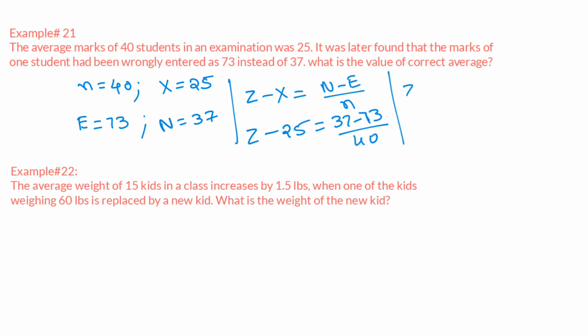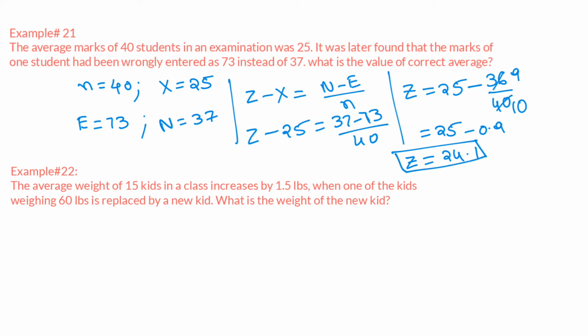So the correct average z is equal to 25 minus 37 minus 73 value is minus 36. That's why I have a negative sign here, over 40. Let us cancel out 4 9 times and 10 times. So it is 25 minus 0.9, which is equal to 24.1. So the correct average is 24.1.